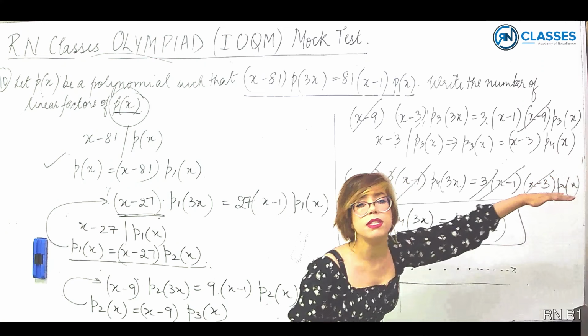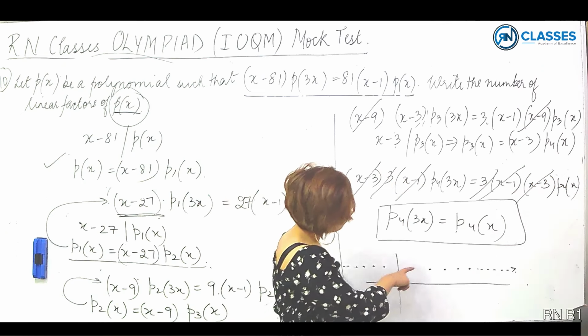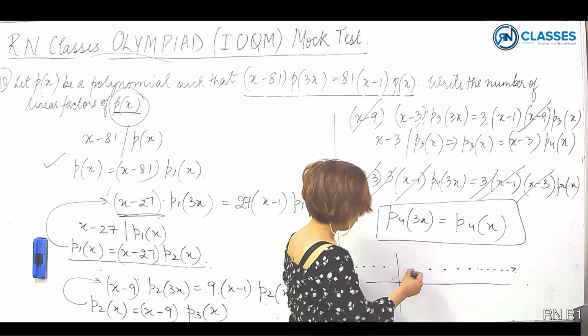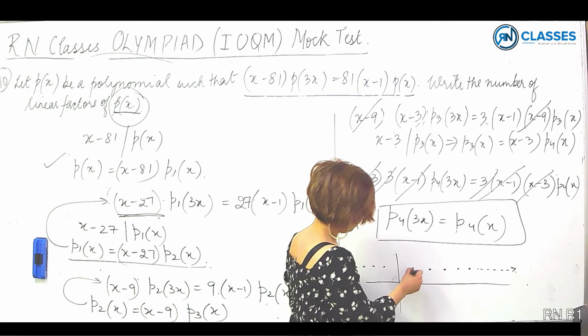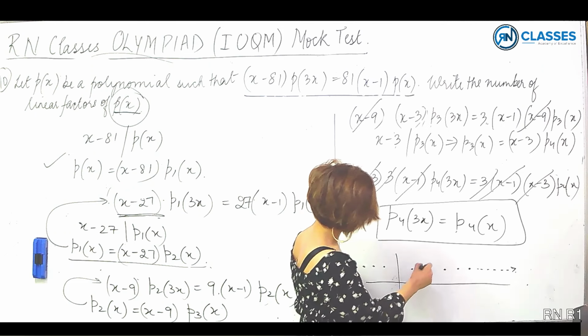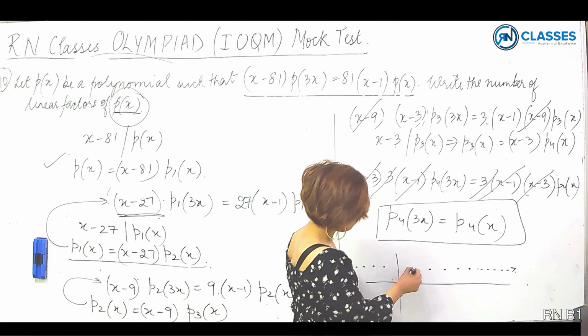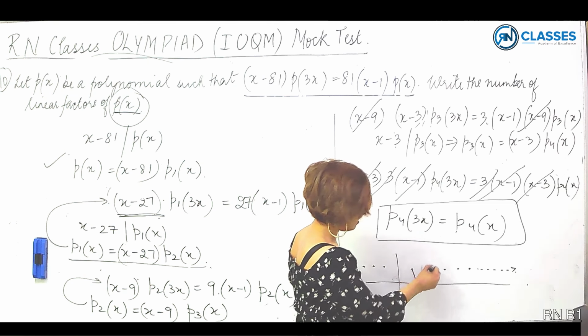Infinite times. Now, see, this same value is coming here. Now what does that mean? Either the graph has some zeros, and then it will cut the x-axis infinite times.